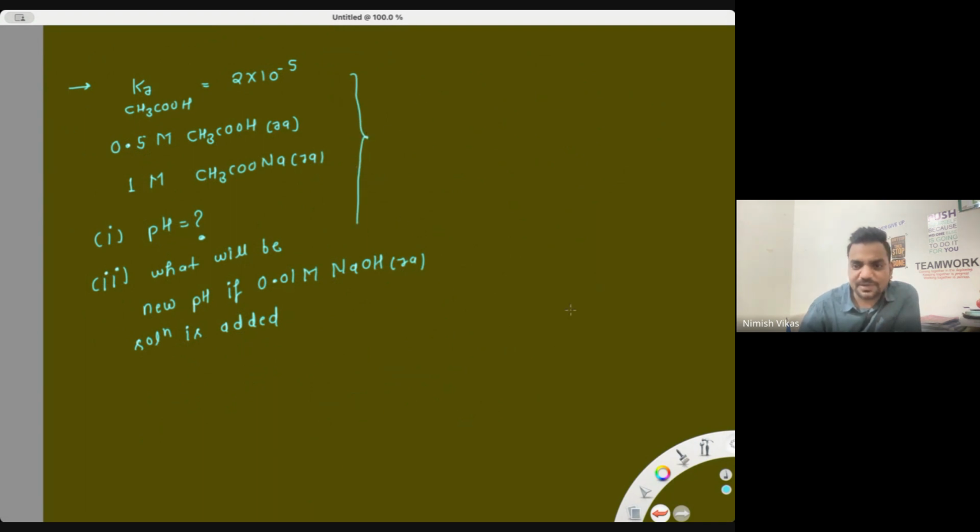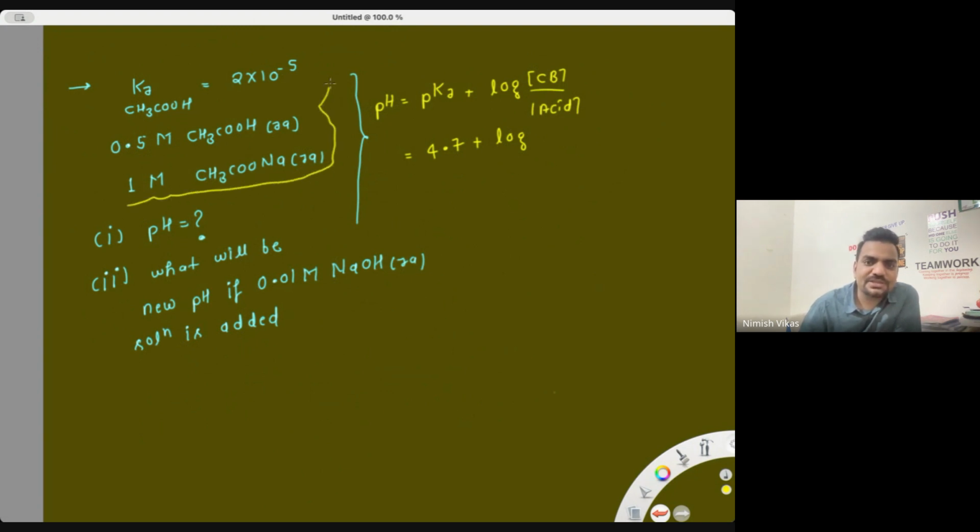So let's answer the first part first. For the first part, pH equals pKa plus log of conjugate base upon acid. We need to find pK. I have already solved it earlier. It has come 4.7. Plus log of concentration of conjugate base. Conjugate base will come from this source, sodium acetate.